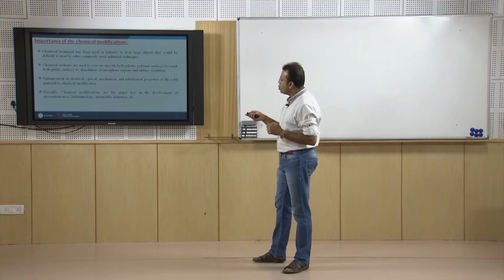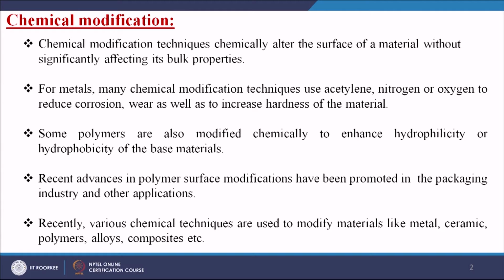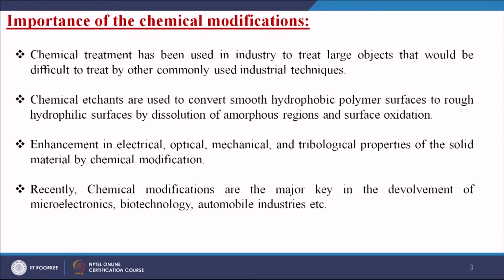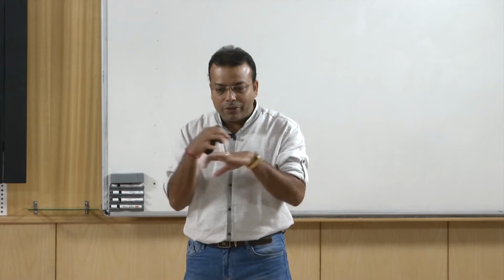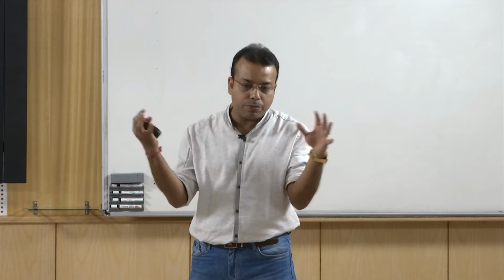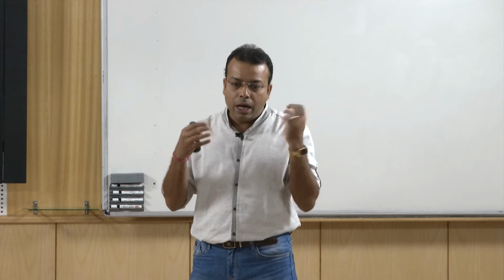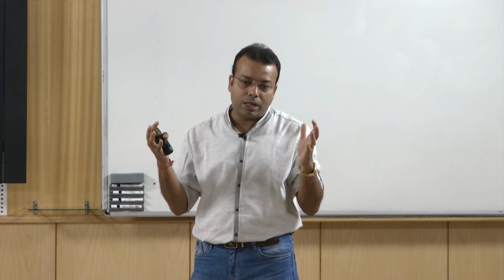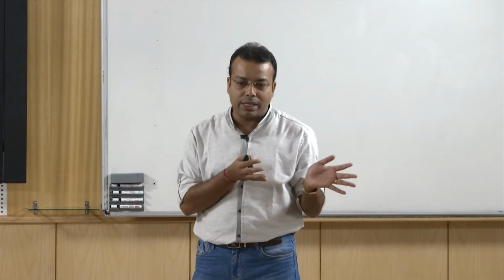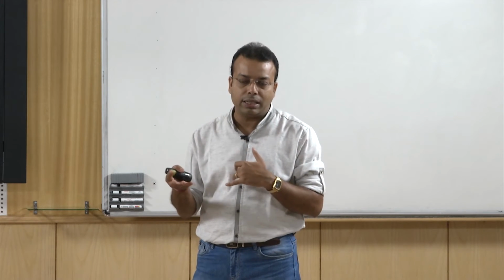Chemical etchants are used to convert a smooth hydrophobic polymer surface to a rough hydrophilic surface by dissolution of amorphous regions and surface oxidation. So some chemical reaction takes place by which some atoms or molecules come out, or the surface works totally opposite. Previously it was acting as hydrophobic, now it is acting as hydrophilic.